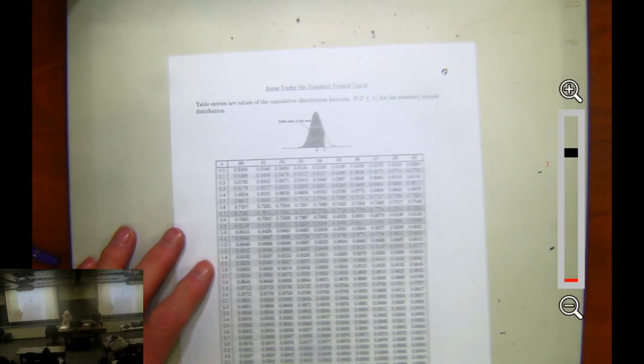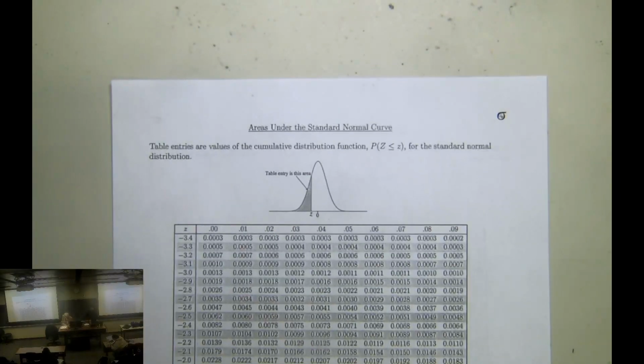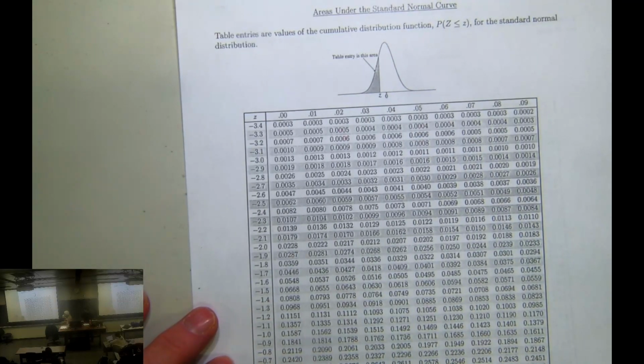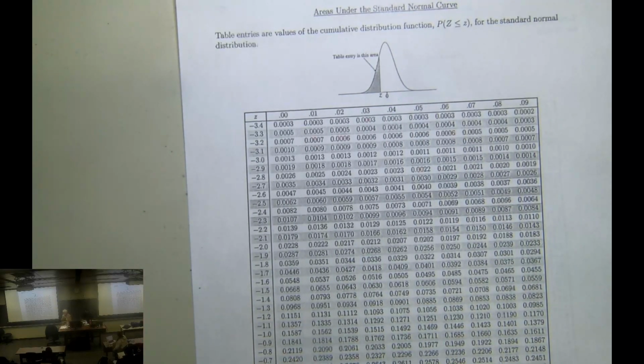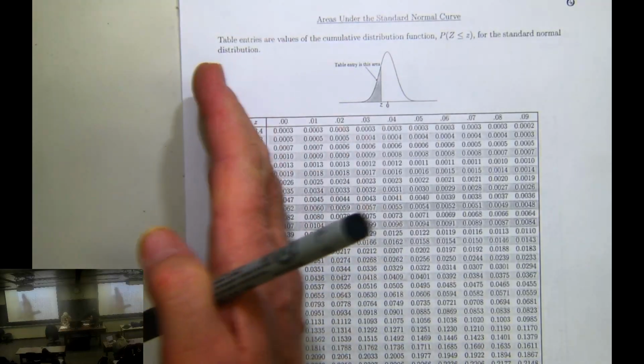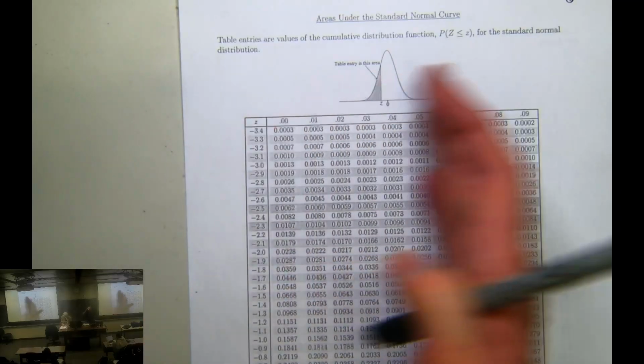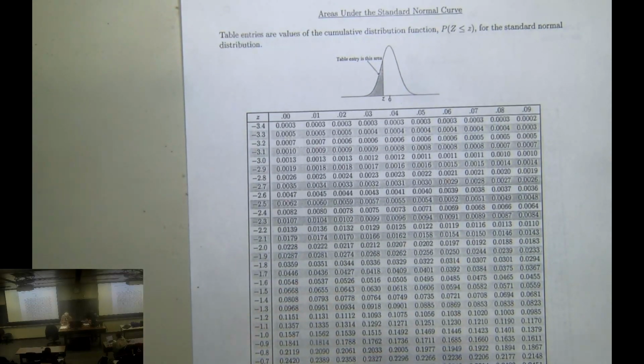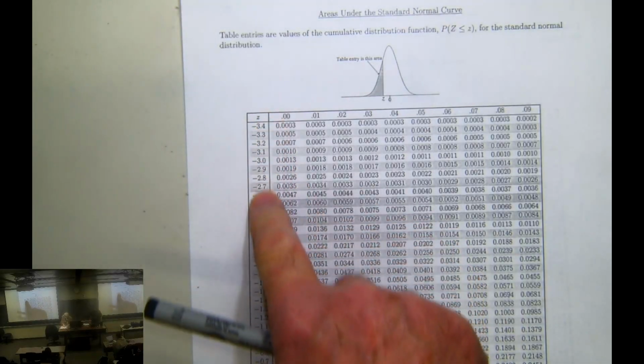Notice your table has two sides to it. It starts on this side, where you're starting at the negative infinity end, and the value of z increases as you go from left to right.